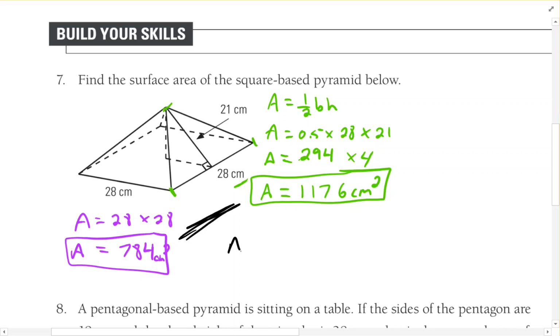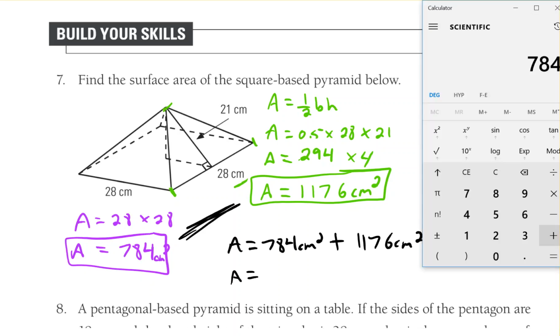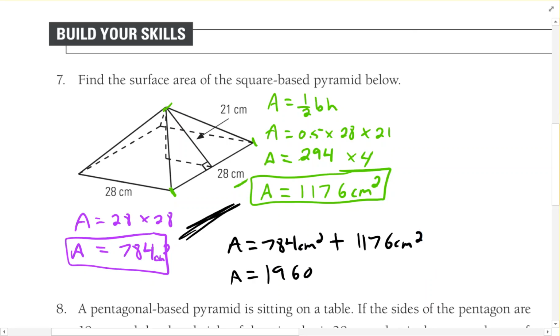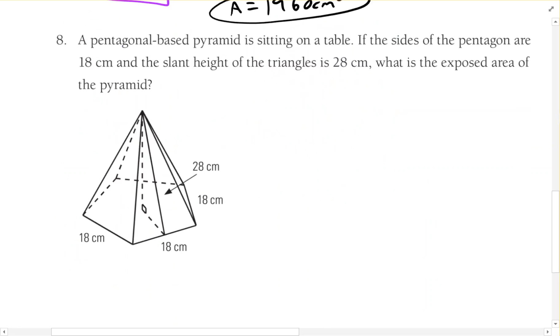So area of everything is going to be 784 plus 1,176. So the area there is going to be 1,960 centimeters squared. All right, so that's how you do these ones.